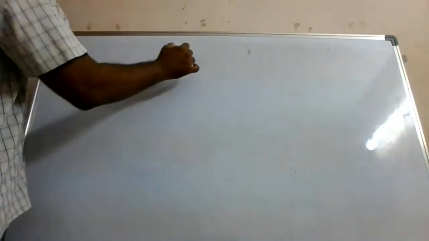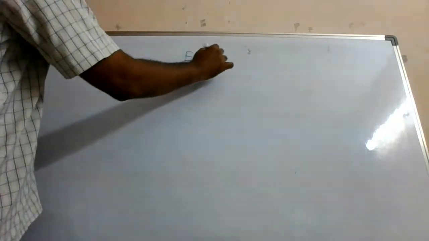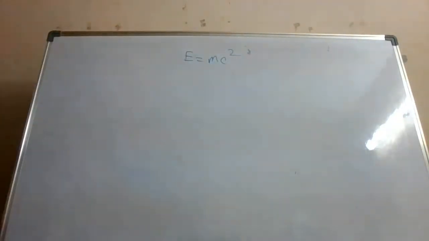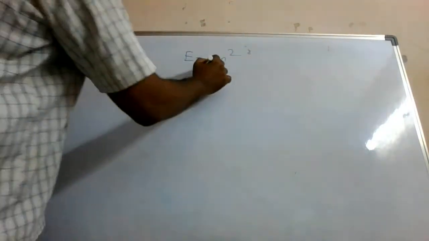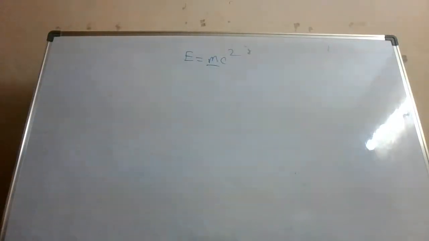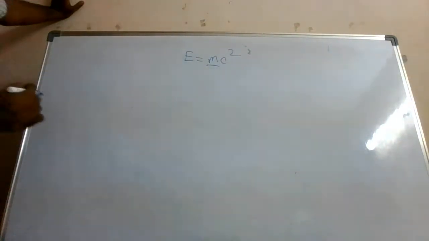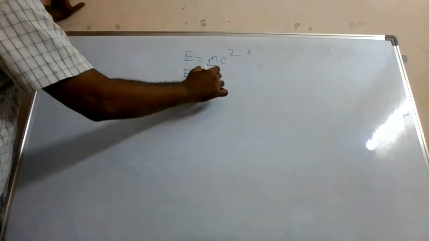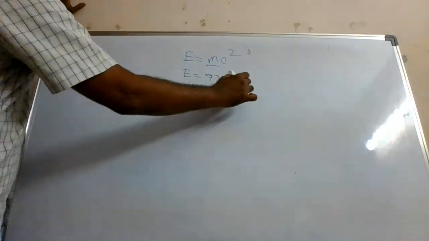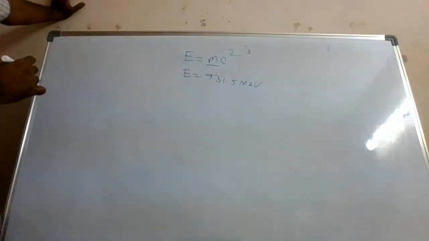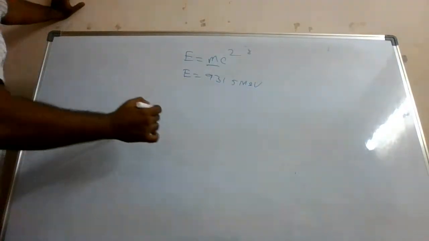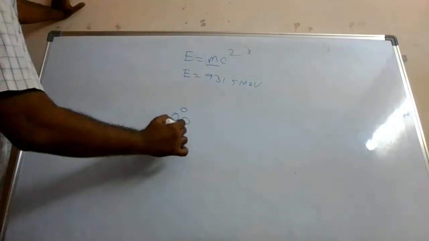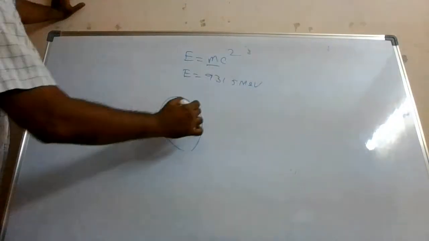See, we were discussing Einstein's equation E is equal to mc square. So one atomic mass unit, if it is destroyed, it produces a tremendous amount of energy. I told you that energy is 931.5 million electron volts. Now here you have neutrons, protons, etc. inside a nucleus.